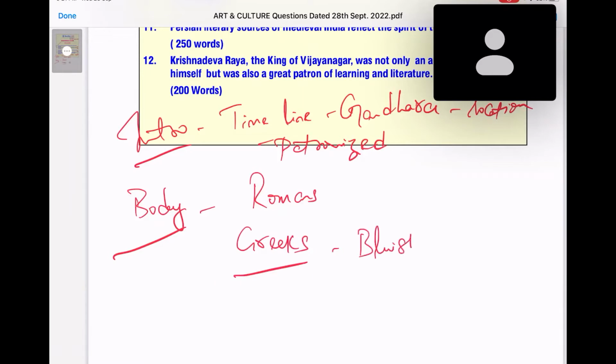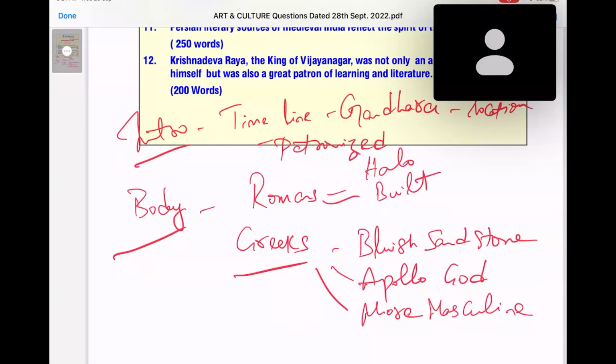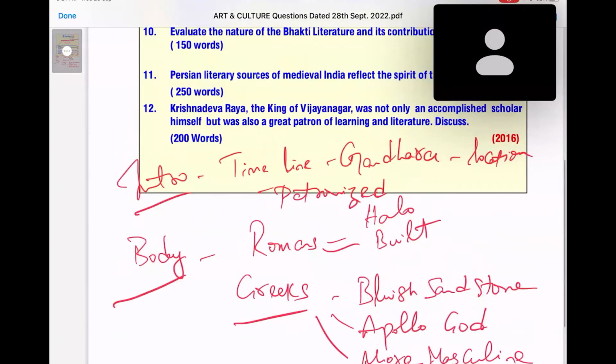Bluish sandstone, resembling Apollo god. More masculine features. Here, halo. Built was similar to Roman gods.